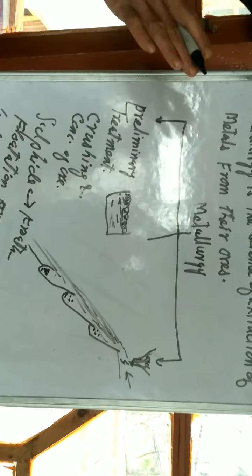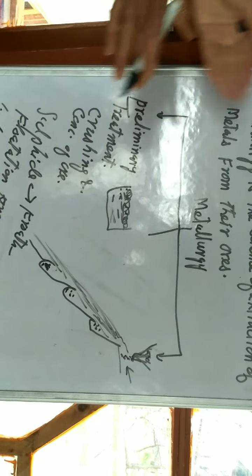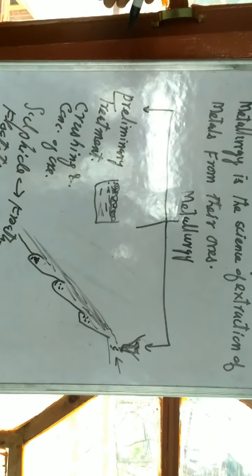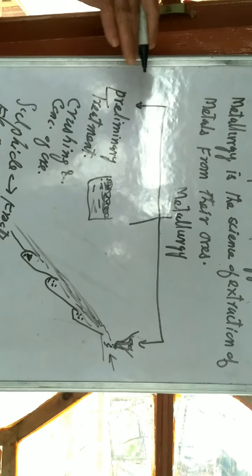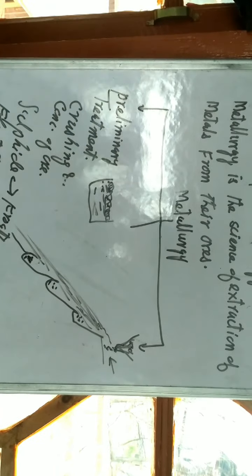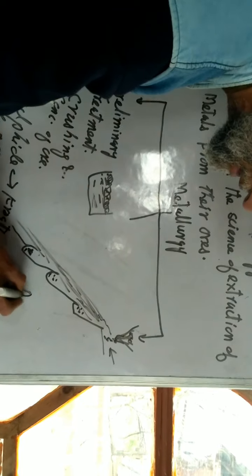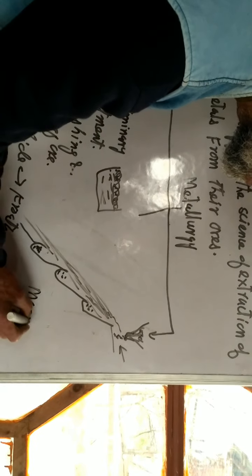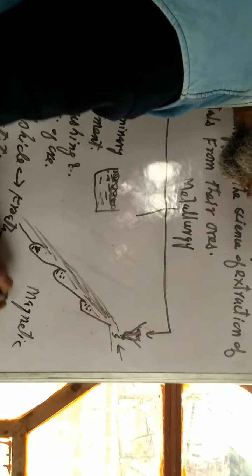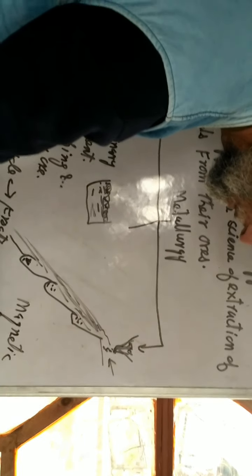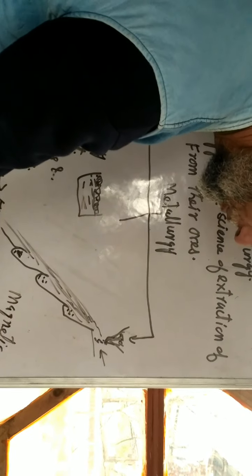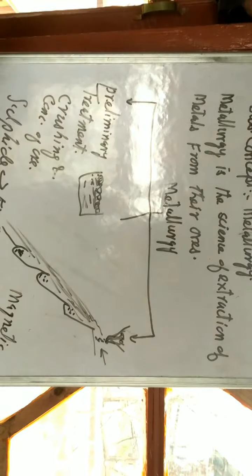For magnetic ores, when the gangue is non-magnetic and ore particles are magnetic, we use magnetic separation. Now, what is done in this magnetic separation?